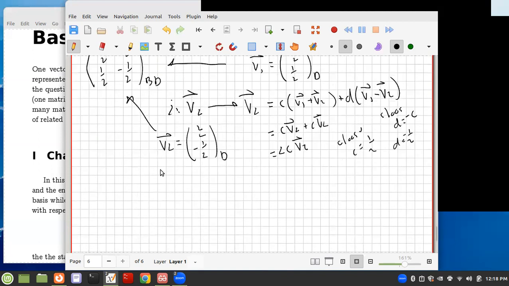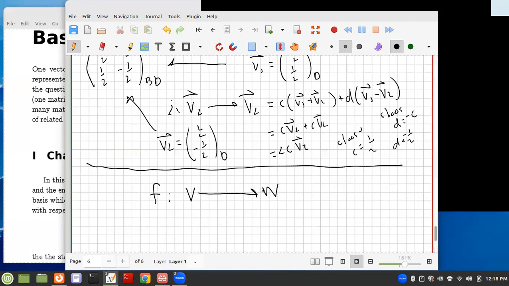Okay, so let's look then at all the time in the past. We've had, say, a map F that's gone from V to W, right?